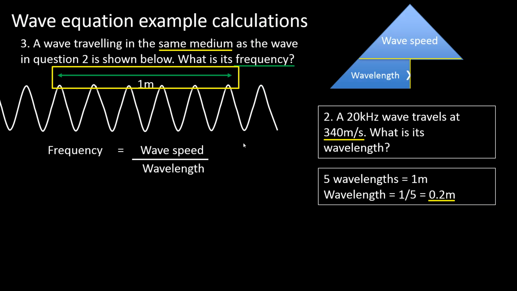And now we've got our numbers to stick into the equation. There we go, 340 meters per second again for wave speed, 0.2 meters for wavelength, and that gives us an answer of 1700 hertz when we put that in. Okay, so just be on the lookout for sort of cunning ways that they can ask you to find numbers to put in your equation, and you'll be fine.